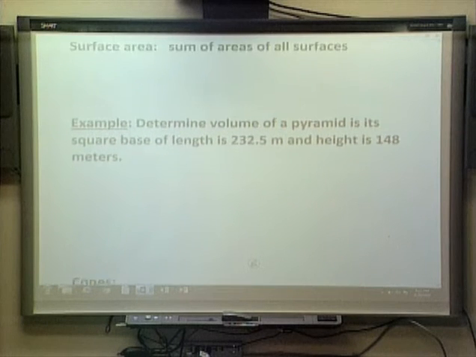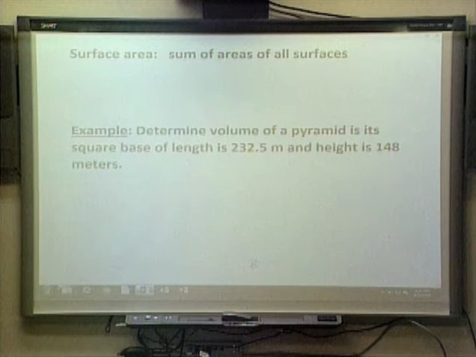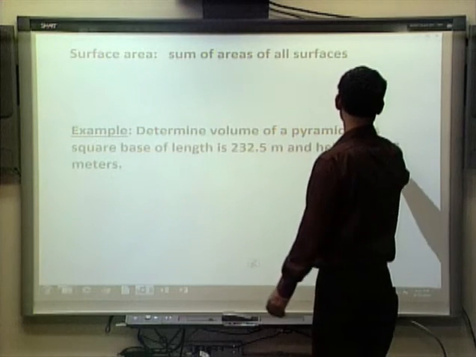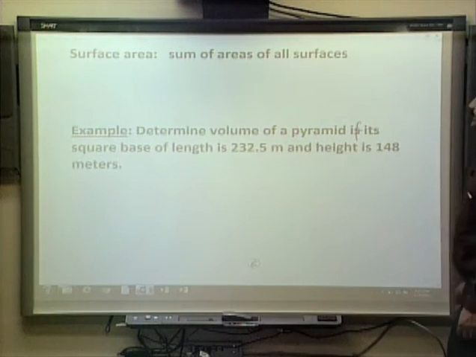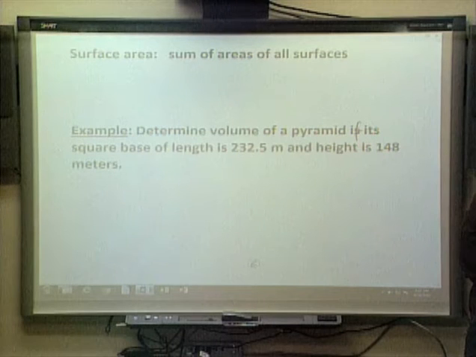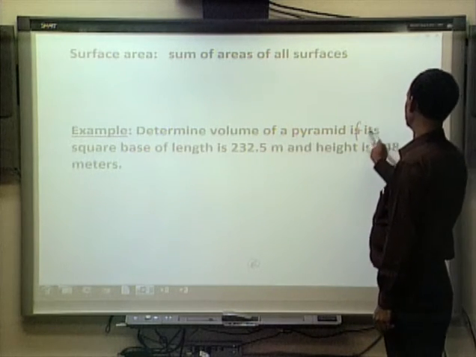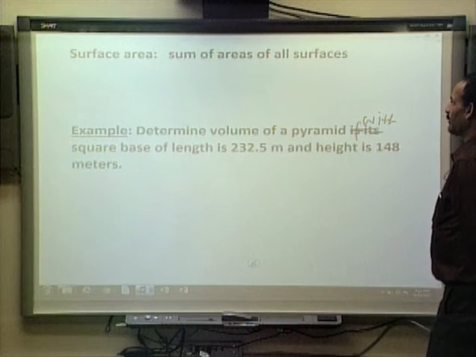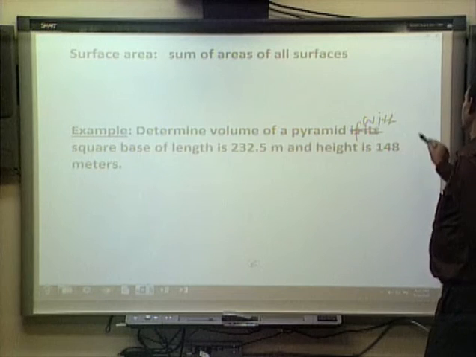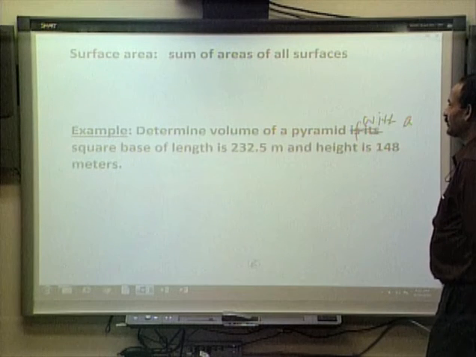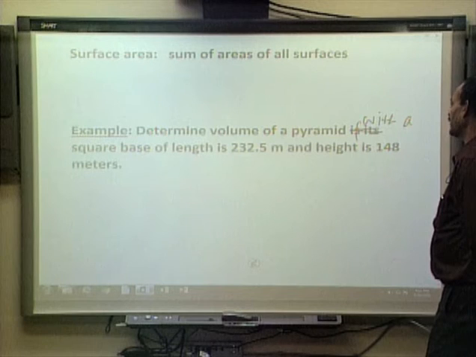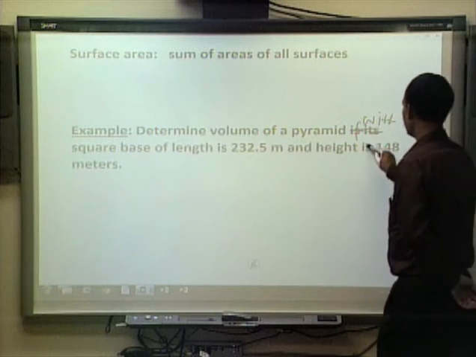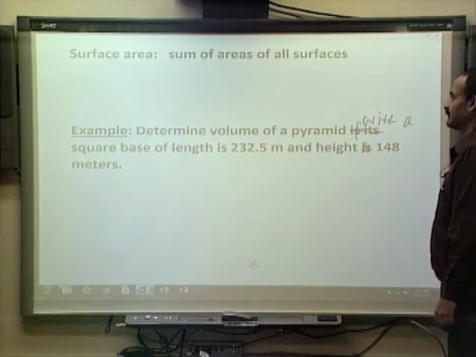Let us look at one example. Determine the volume of a pyramid with a square base of length 232.5 meters and height 148 meters.